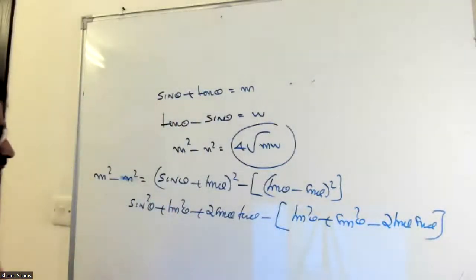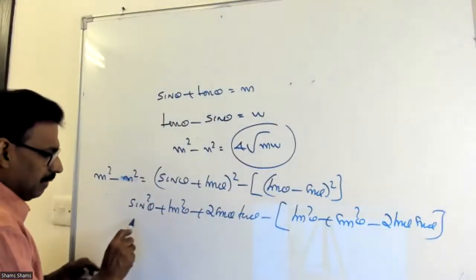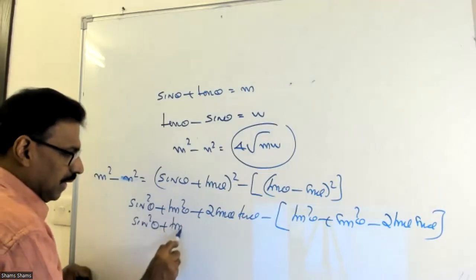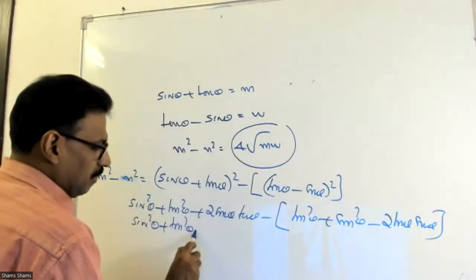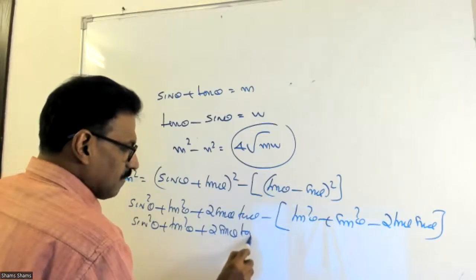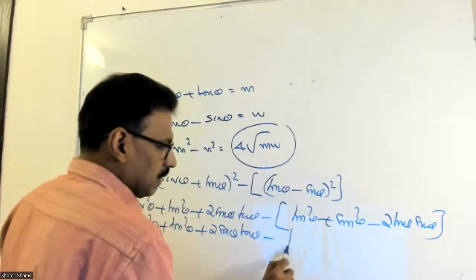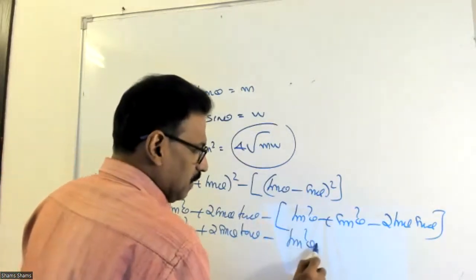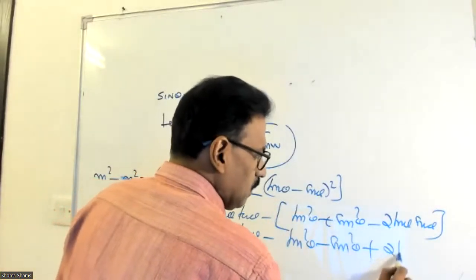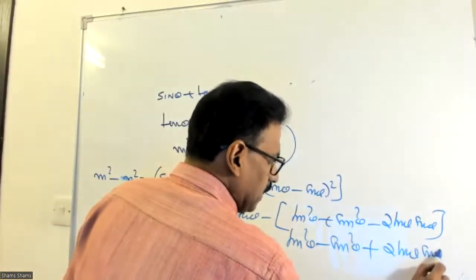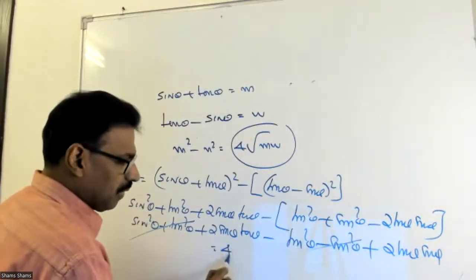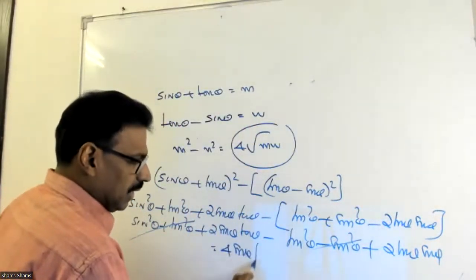Open the bracket: sine square theta plus tan square theta plus 2 sine theta tan theta minus tan square theta minus sine square theta plus 2 tan theta sine theta. This is all cancelled. So what you got? 4 sine theta tan theta.